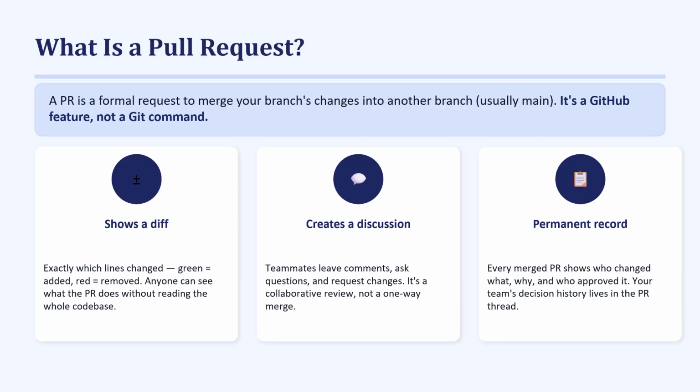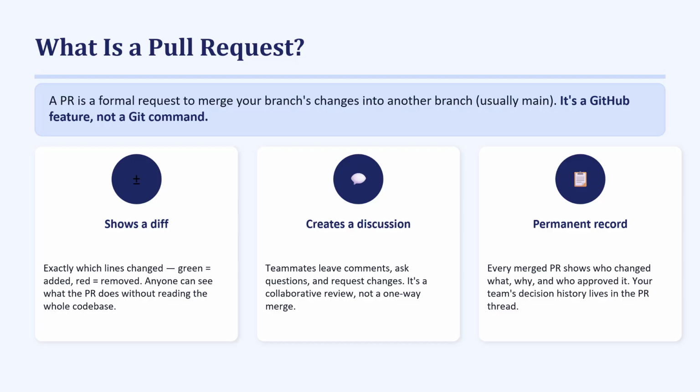So to get us started, we'll start right off with what is a pull request? Because if you've never seen this function or never used one in practice, this could be a really new concept for you. A pull request, often known as a PR, is a formal request to merge your branch's changes into another branch, typically main, but depending on the project, it could be a larger feature branch or a new version branch.